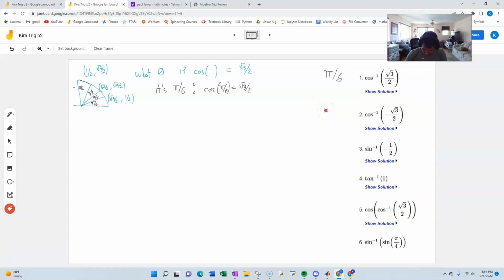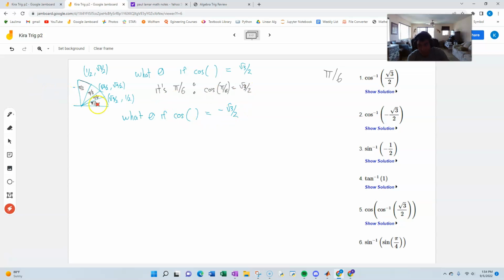Okay. Same question. What angle, if cosine, is negative square root 3 over 2? And let's sort this into what theta, if cosine, is equal to negative square root 3 over 2. So the positive one, positive pi over 6, corresponds to positive square root 3 over 2.